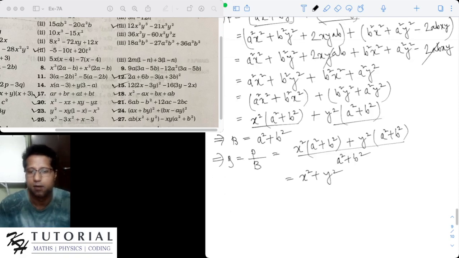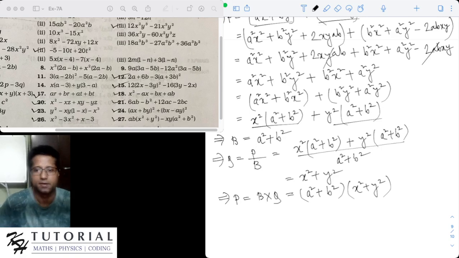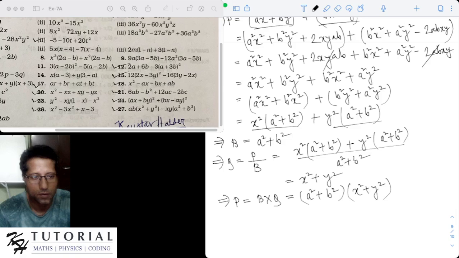Hence the factorization of p becomes b into q, which is equal to a square plus b square multiplied by x square plus y square. So this is the factorization. Okay, this was problem number 24.